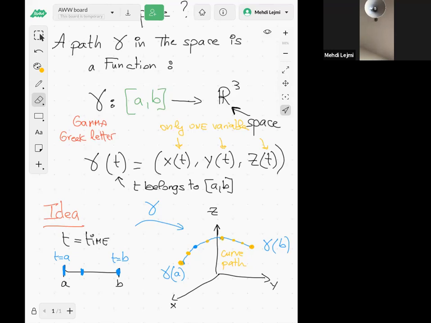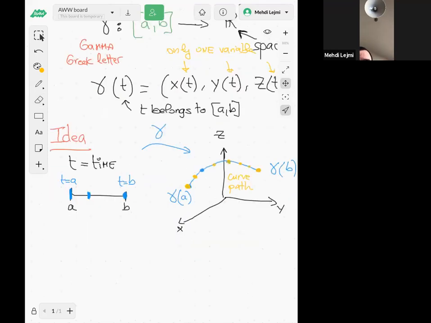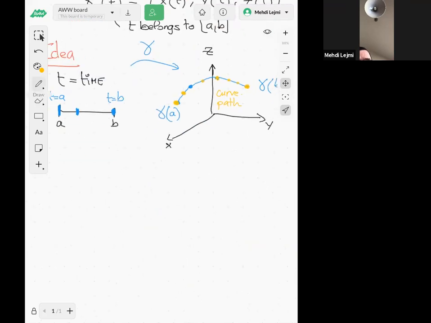But for the moment we have only one variable, t, so we get just a curve or a path in the space. Okay, so some explicit examples.